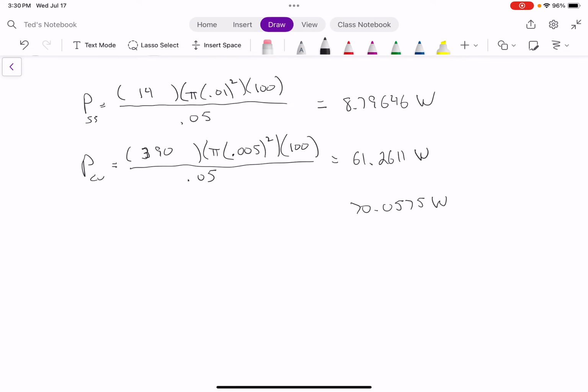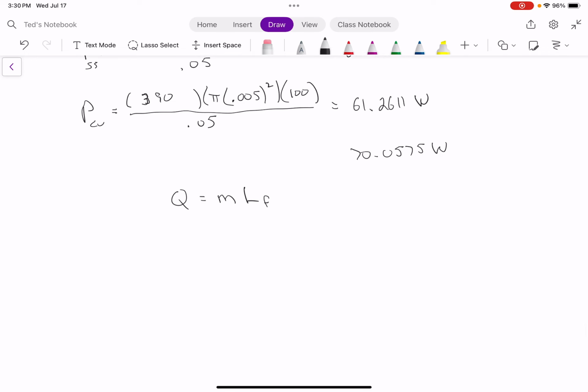All right, now normally we would say that the heat required to melt ice is equal to the mass you want to melt times the latent heat of fusion. But if we want to know how quickly the ice is melting, we basically divide both of these by t, so Q over t is equal to m over t times L_F, the latent heat of fusion.